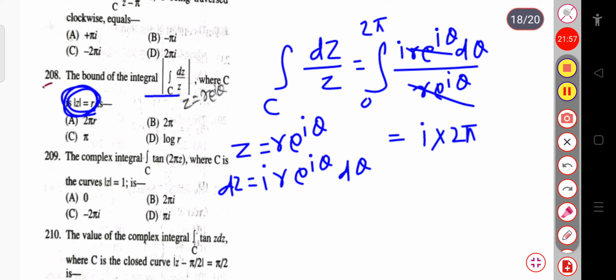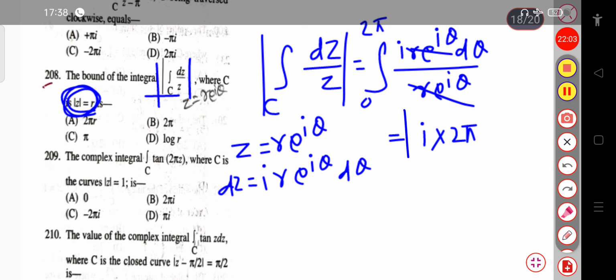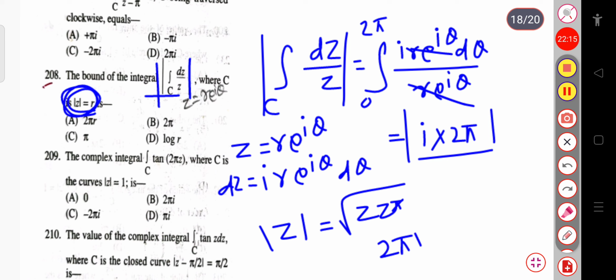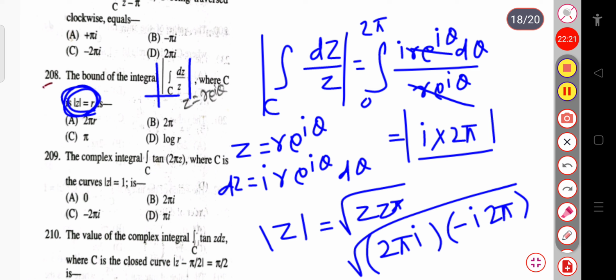Since you have to calculate the modulus of this, you know the modulus of z equals root over z into z star. Suppose this 2 pi i represents z. So we can write 2 pi i into the conjugate, which is minus i 2 pi, and again the root over. i into i is minus 1, and minus multiplied with minus gives plus 1.